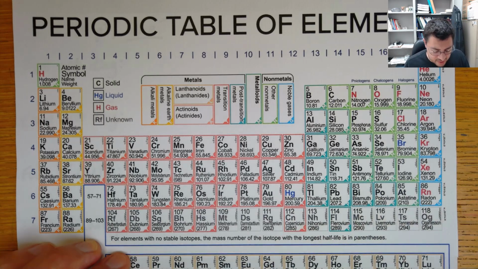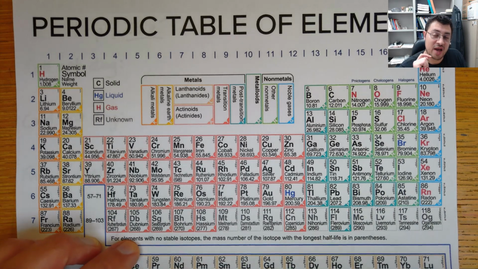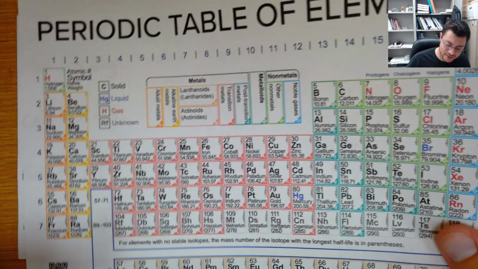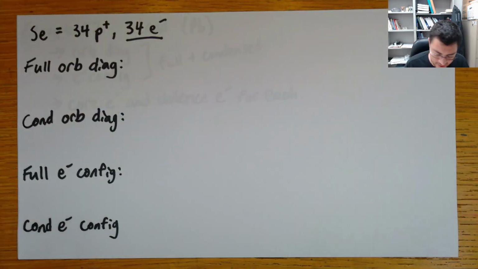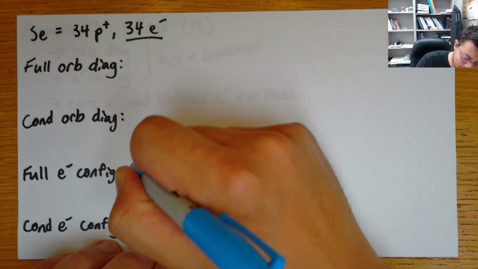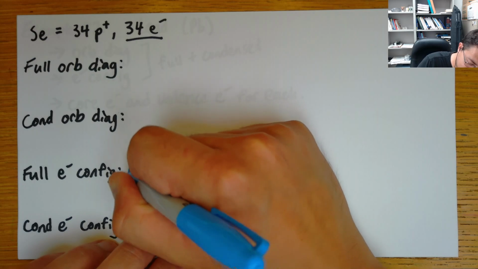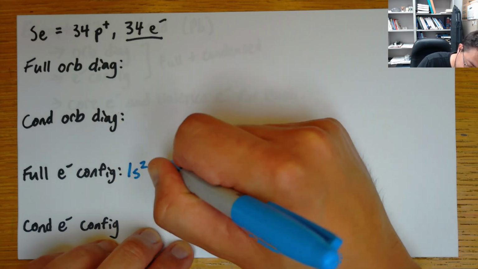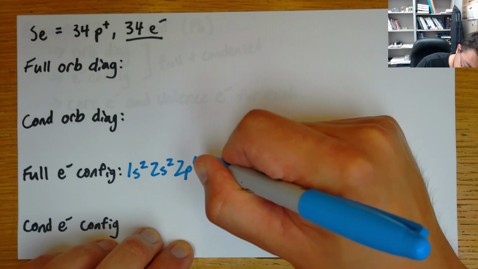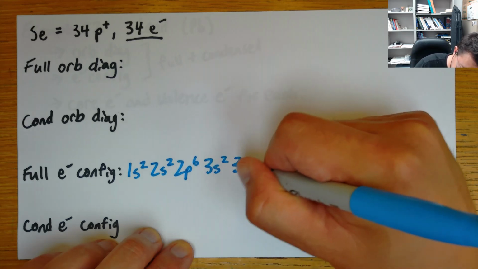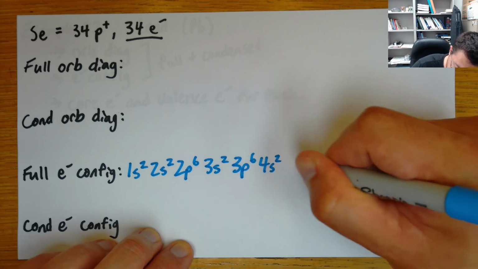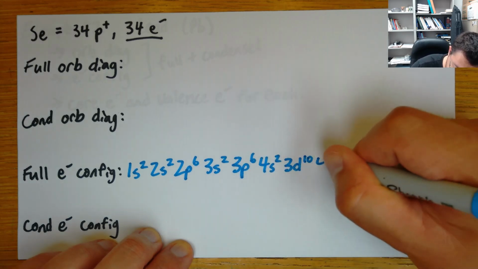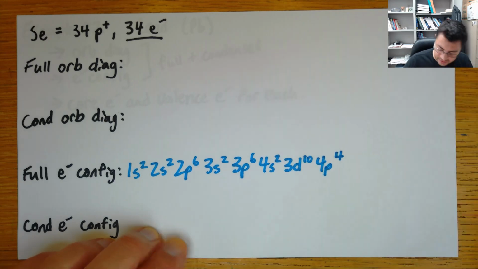I like to do orbital diagrams first. Now that's a slight lie. When I'm teaching, I like to teach it first, but in reality, I actually do like to do the electron configuration first. I'm not going to lie about that anymore. So let me be the truthful version of myself. I'm going to do the full electron configuration first. Here we go: 1s2, 2s2, 2p6, 3s2, 3p6, 4s2, 3d10, and 4p4.